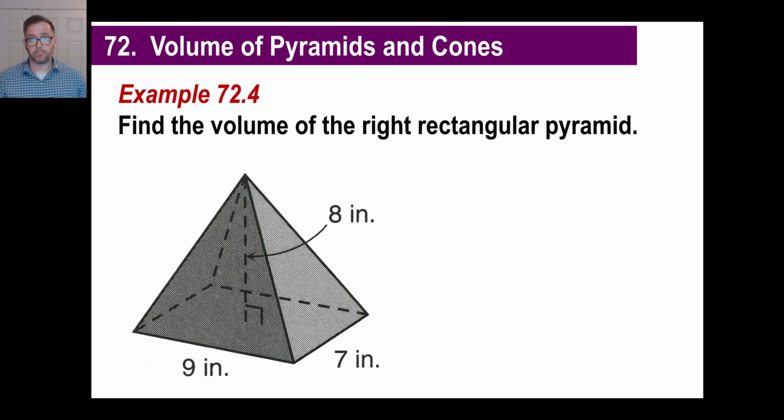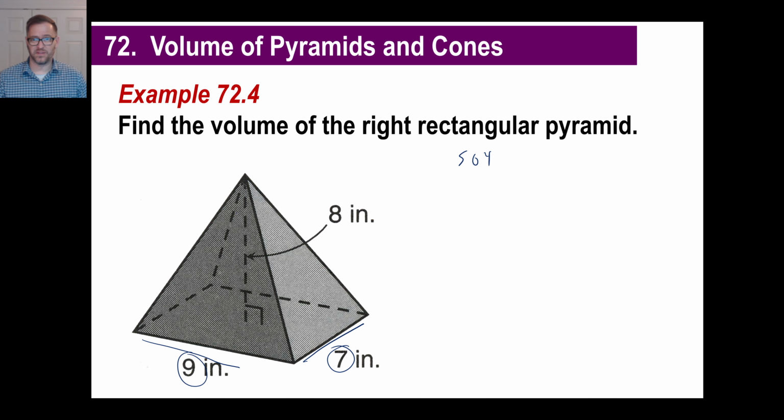If this were a box, this is 9 times 7, and it's 8 high, so 9 times 7 times 8. Well, 9 times 7 is 63. 63 times 8 is 504. All right?